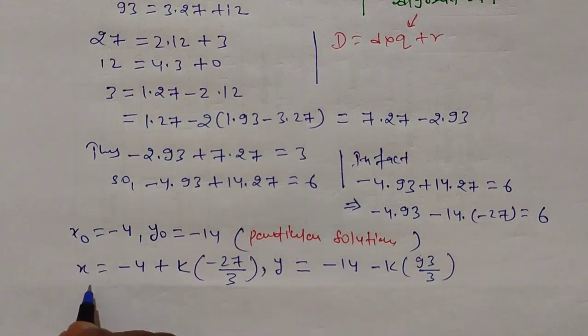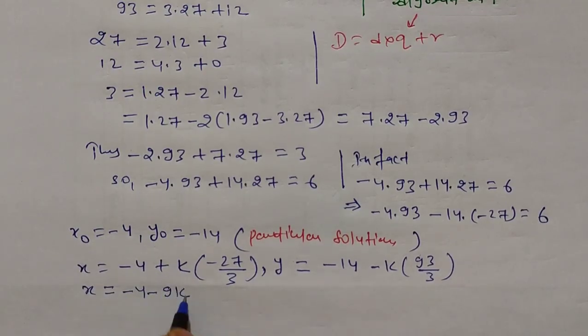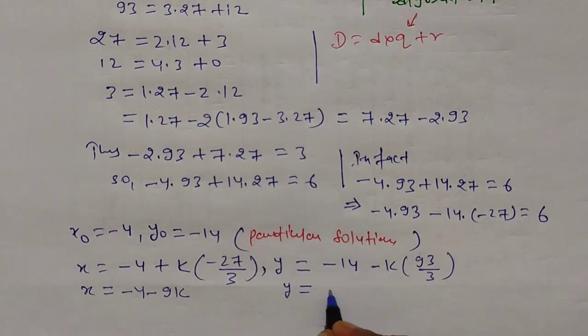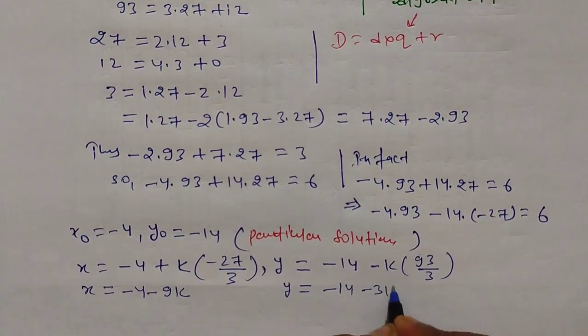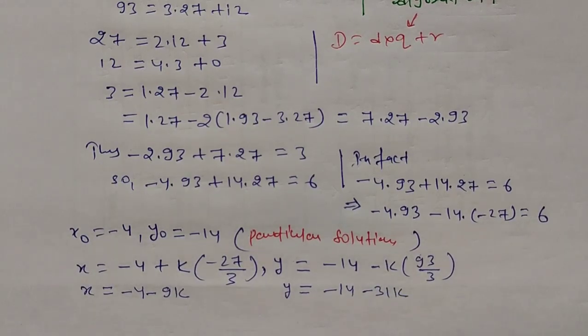By simplifying we can write x is equal to minus 4 minus 9k and y is equal to minus 14 minus 31k.